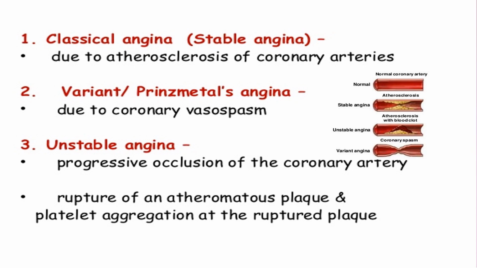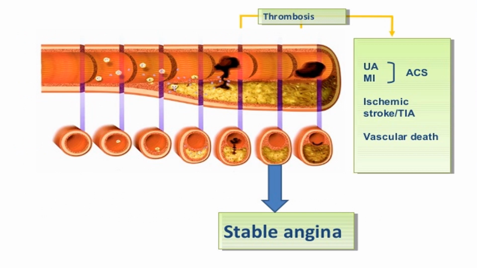But in unstable angina, the fibrous cap ruptures and the blood comes to attach with the atheroma, an atherosclerotic plaque forms, platelet aggregation occurs, and rupture of the atheromatous plaque happens. In this figure you can see what is called progressive occlusion and thrombus formation.